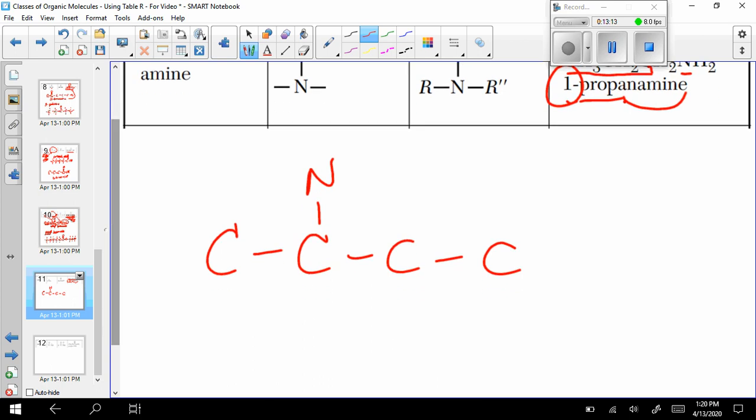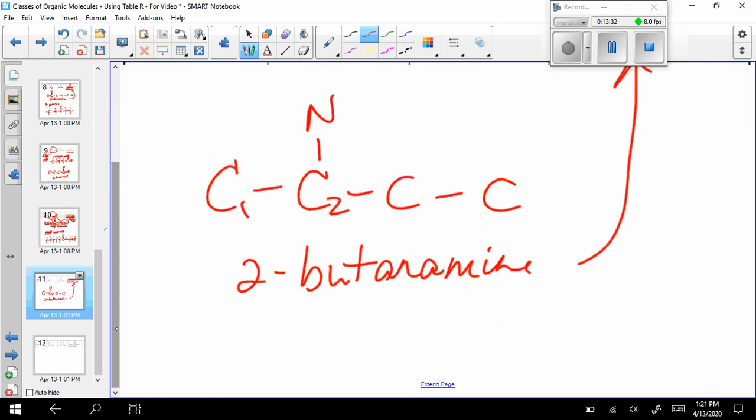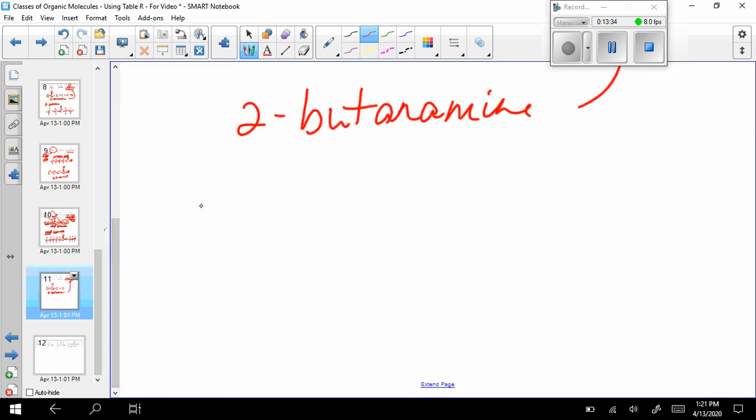So let's look at mine. 1, 2, 3, 4. So that's butanamine. So I just use the ending just like that. But because I have 4 carbons, and it's coming off of carbon 2, I do need a number to show where the nitrogen is. 2-butanamine.